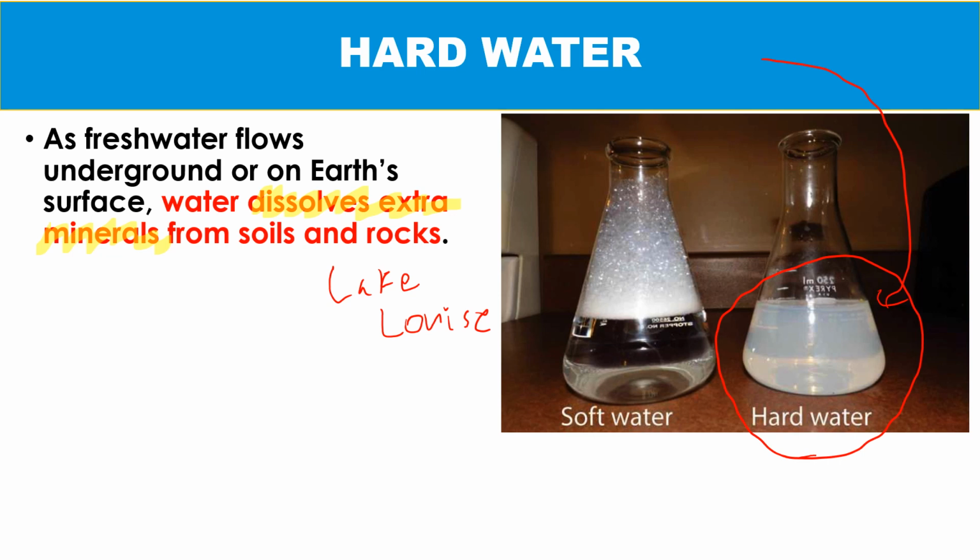The reason we see that unique color is because the water has a lot of calcium and carbonate in it. And calcium and carbonate together as a compound, calcium carbonate, we call limestone, or an ingredient of chalk, a basic chemical you can find in eggshell, seashell.